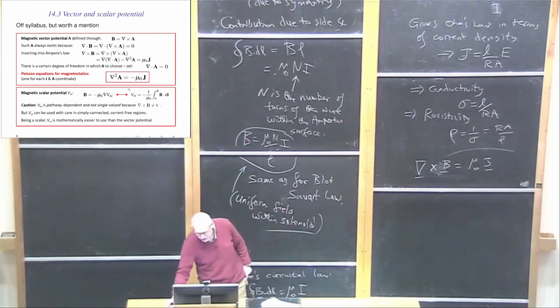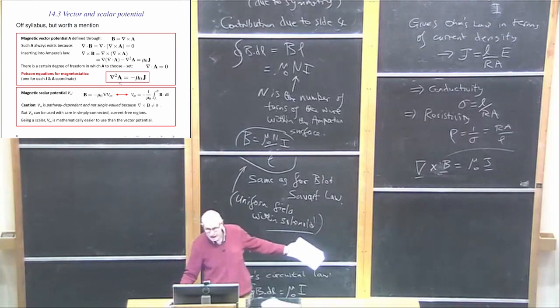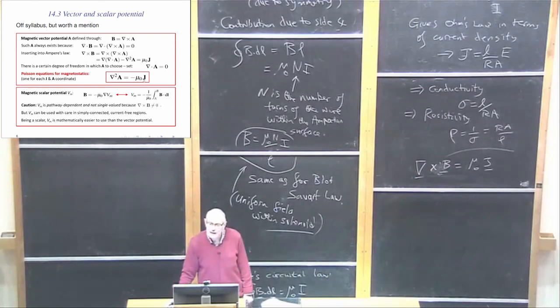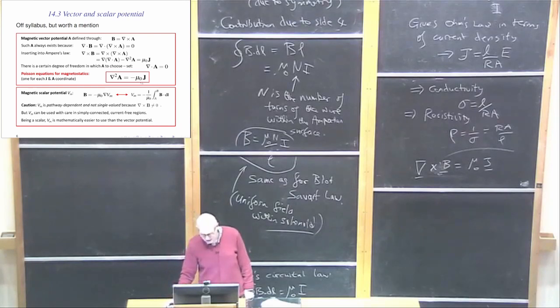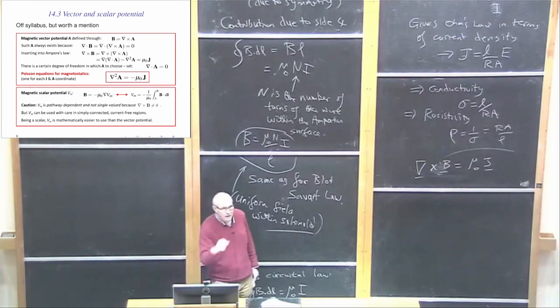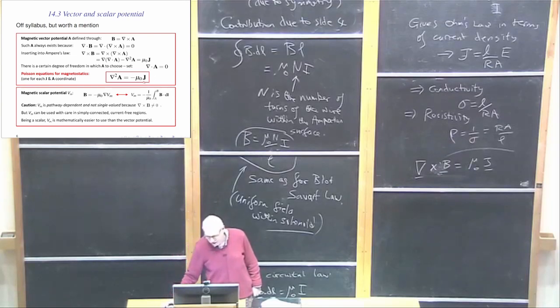Poisson's equation, if you remember rightly, was del squared V equals minus rho over epsilon naught. So this is Poisson's equation for magnetostatics. It's got complete symmetry with the electrostatics case, only that current density is a vector. Before we had charge density, which is a scalar.